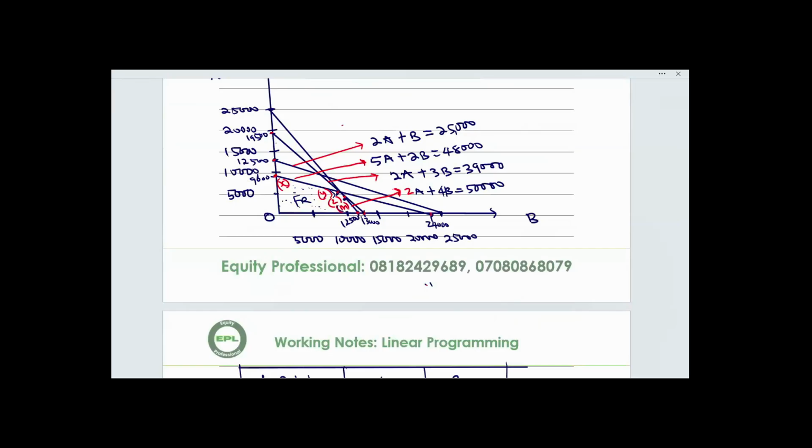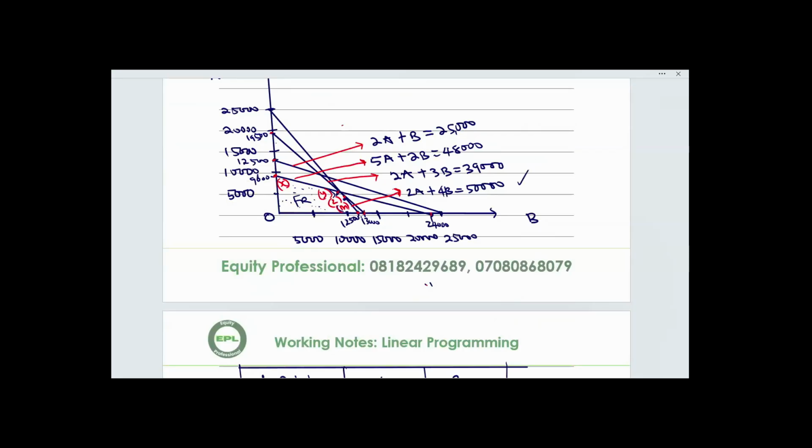There are two equations here. We are looking at this point Z. So we have the equation that went up, this 25,000 and 12,500. That's the last equation here.